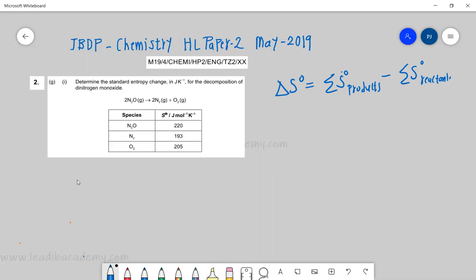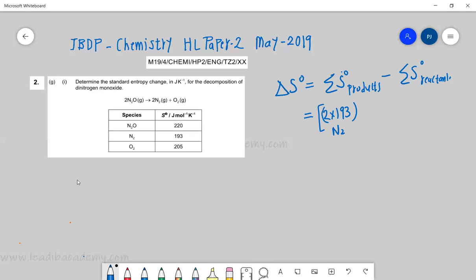So let's find out. In this case we have 2 nitrogens, and for nitrogen it is 193, so 2 multiplied by 193.